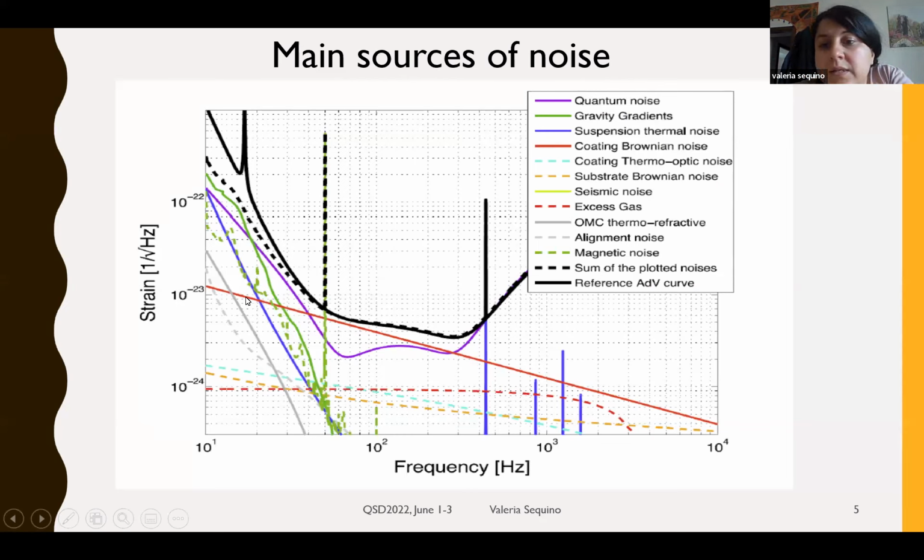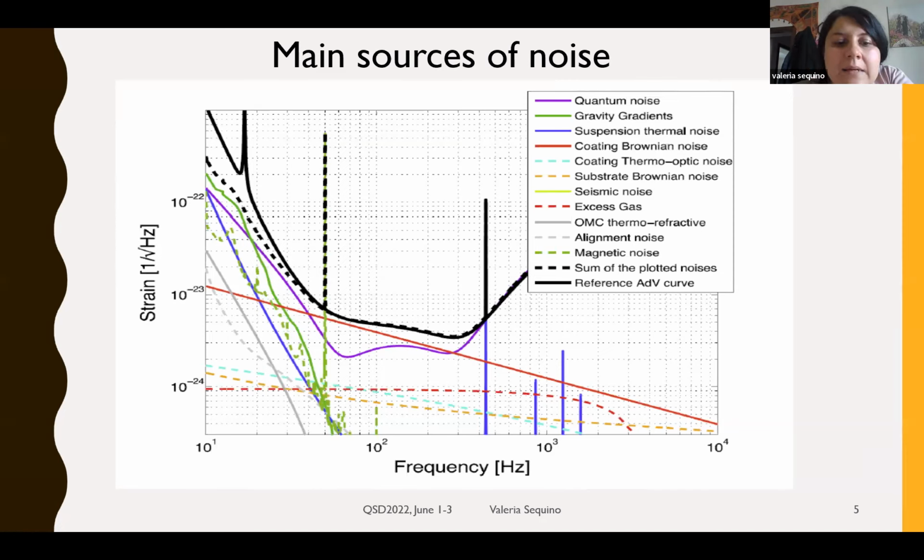There is also the coating Brownian noise, that concerns the coating of the mirrors used for the interferometer, and there is a quantum noise that is this violet curve. As we can see here, this is the simulated sensitivity curve of Advanced Virgo, the interferometer that participated in the last scientific runs and detected gravitational waves.